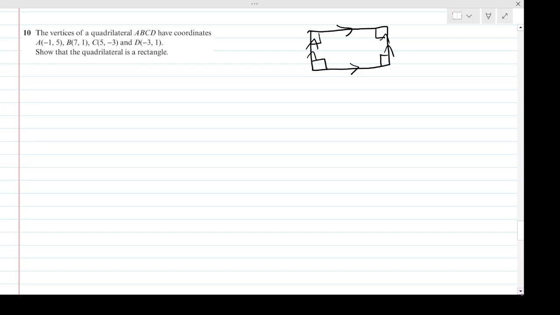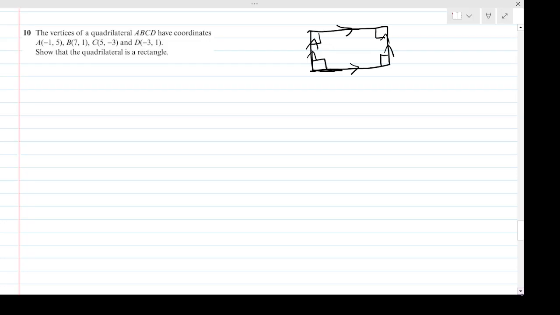But then how do we deal with this 90-degree business? Well, if we have a right angle at these two lines, that means they're perpendicular. So we're going to use a combination of parallel and perpendicular gradients to be able to work out this question.